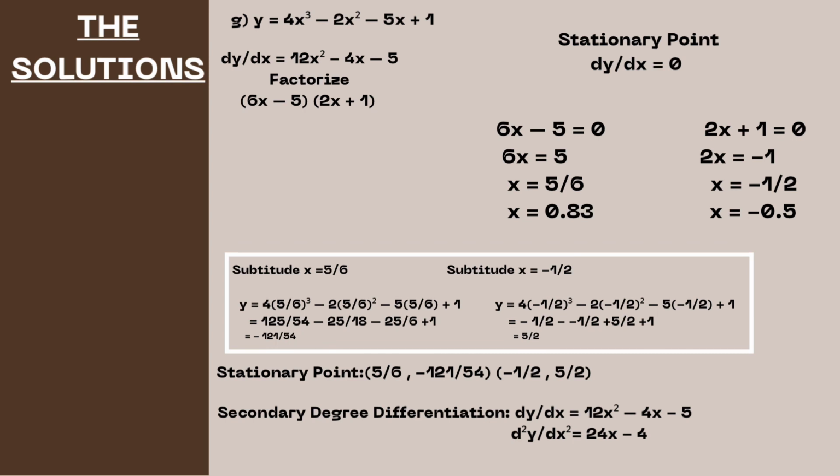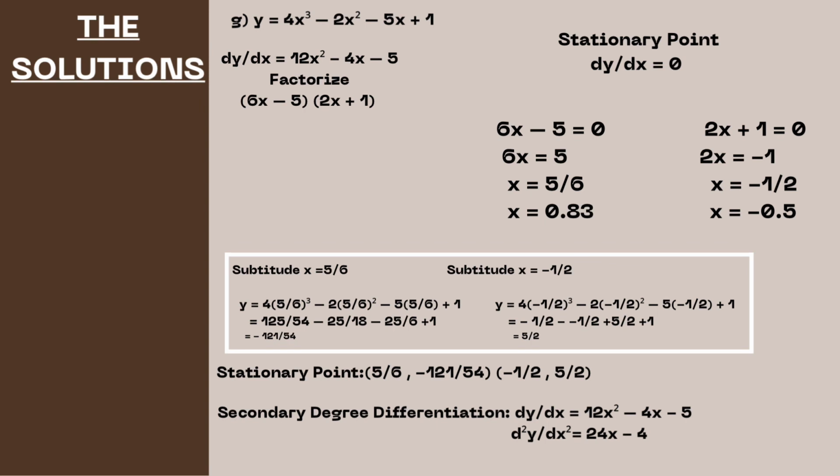Differentiate negative 2x power of 2, we get negative 4x. Differentiate negative 5x, we get negative 5. And differentiate 1, we get 0. Then we factorize dy per dx, which is 12x power of 2 minus 4x minus 5. We get 6x minus 5 and 2x plus 1.